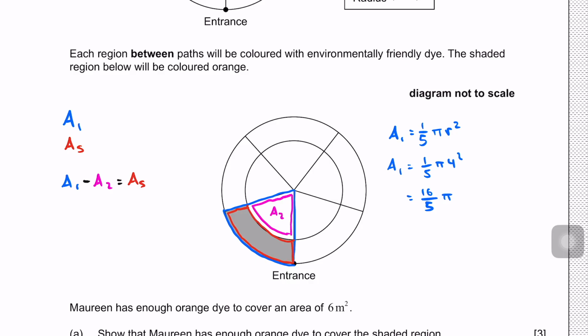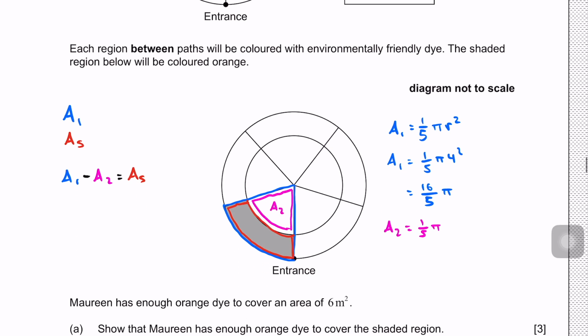Let's find the smaller area, that is to say, A2. Well, what do we have here? Even this smaller circle is still divided up into 5 equal sections. So we still have 1/5 of a smaller circle. But what's the radius of the smaller circle? It's 2.8.